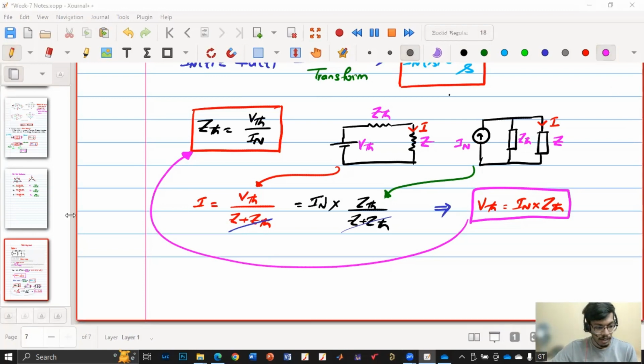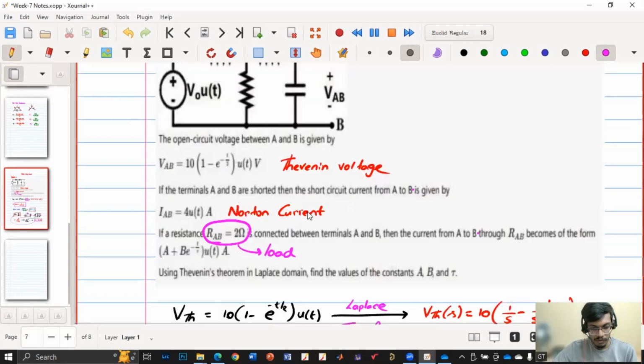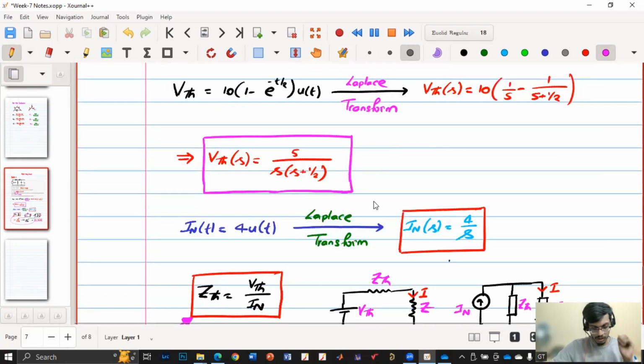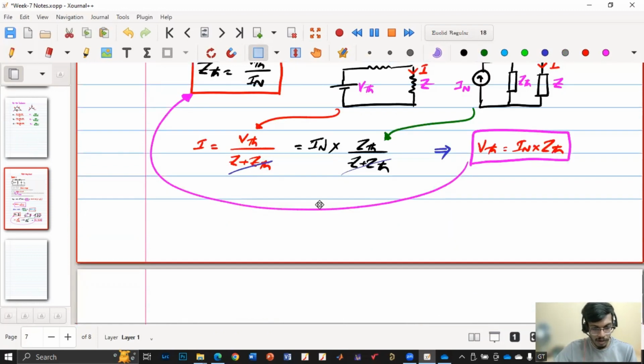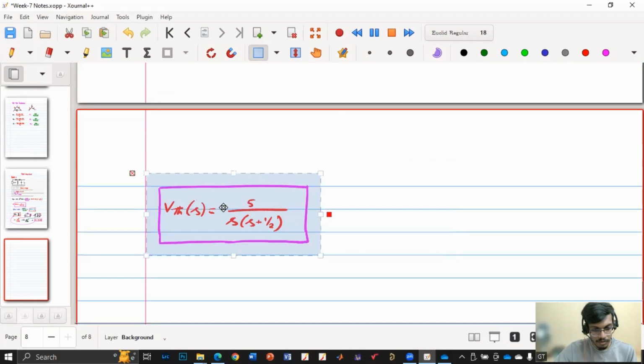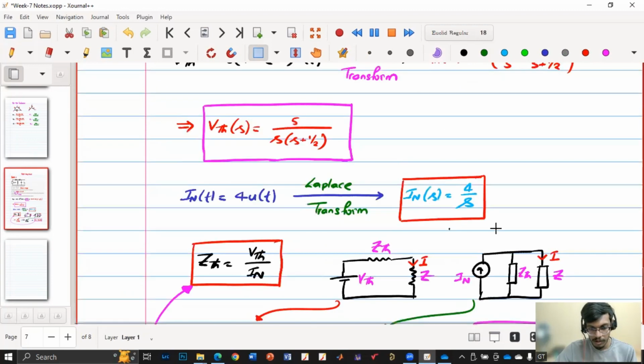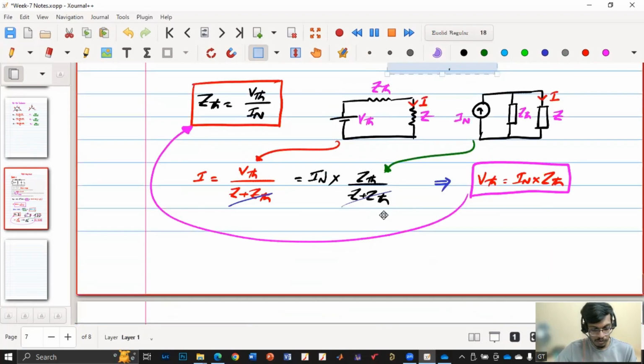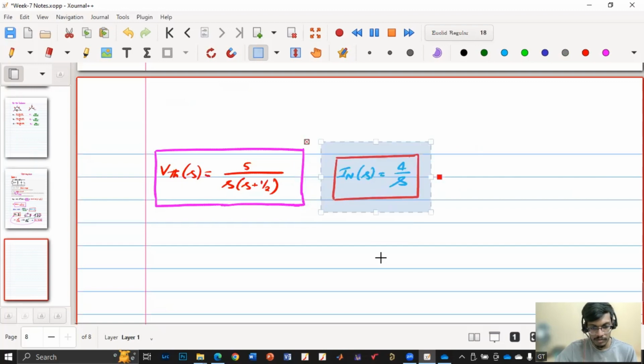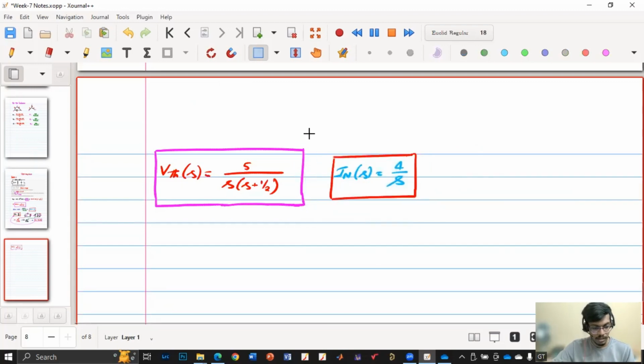Let me take a new page. Whatever we have here, VTH and I Norton, let us copy paste and take to the next page. So we have V Thevenin and I Norton. From this, we'll find Z Thevenin.